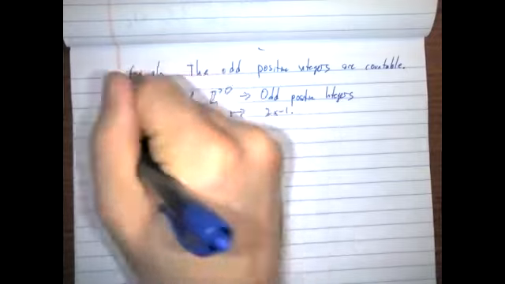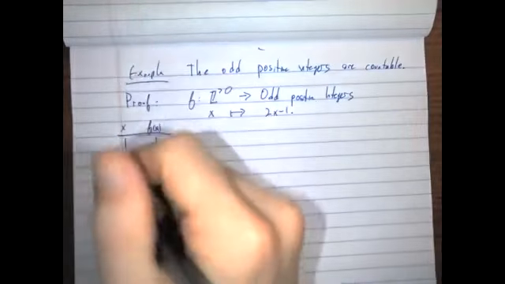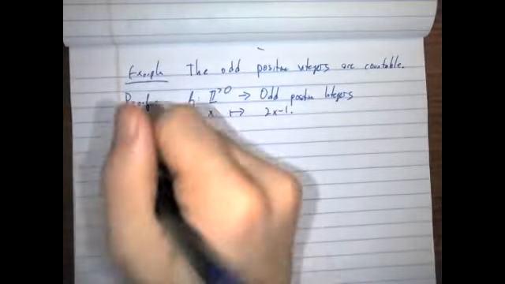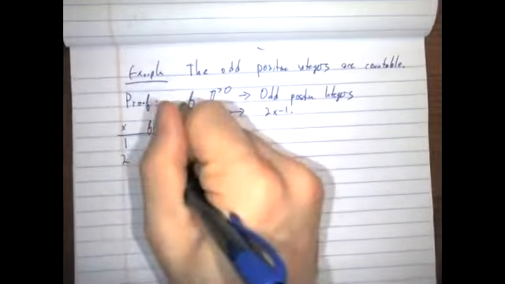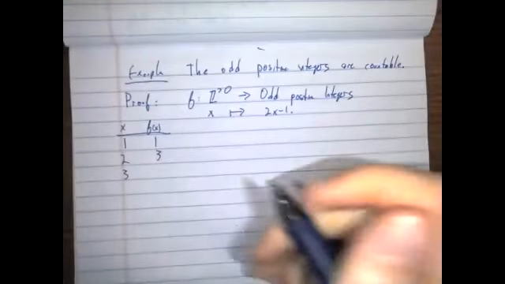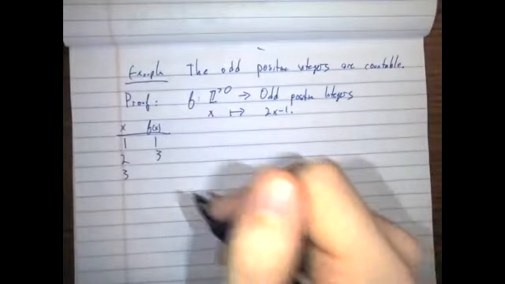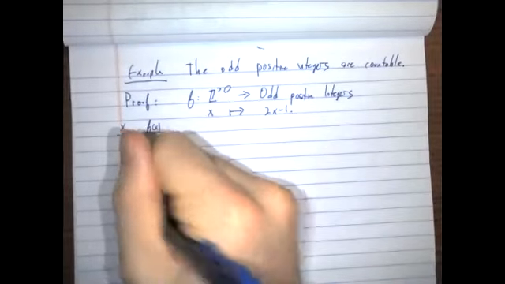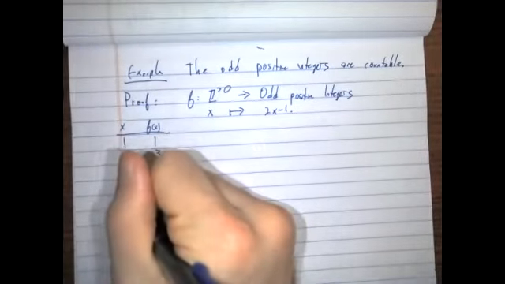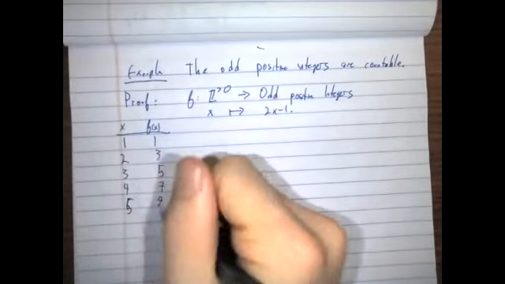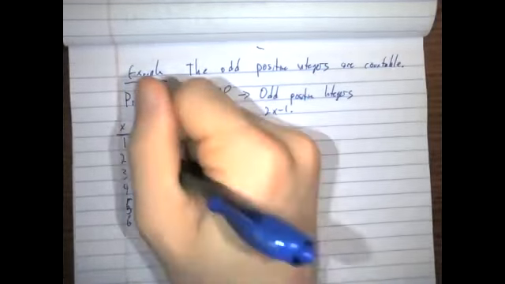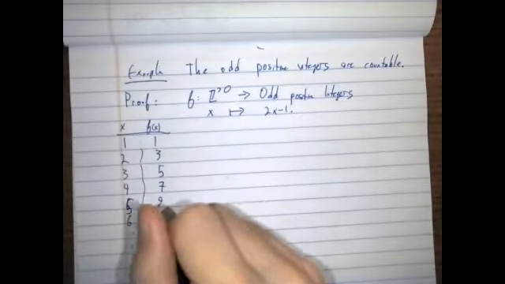Just 1. Yep, 1 gets sent to 1. What does 2 get sent to? 3. How about 3? 5. Yep, 5. 4 will go to 7. 5 will go to 9. 6 will go to 11, and so on and so forth.